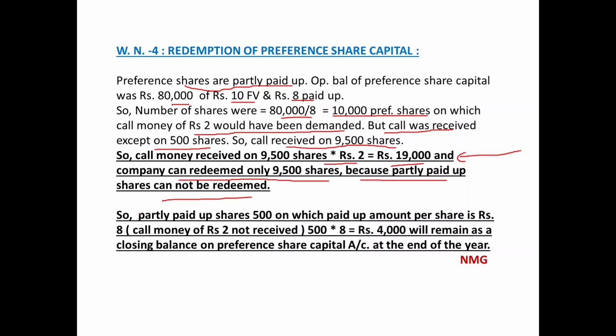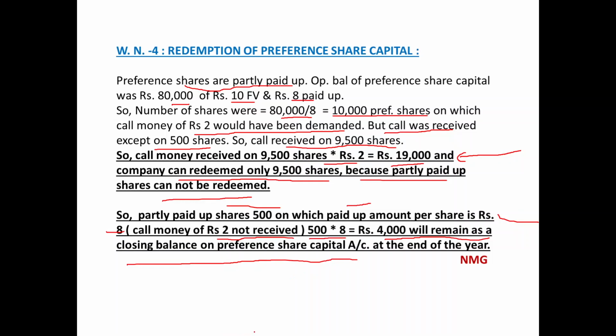It means partly paid up shares 500, on which paid up amount per share is rupees 8, because call money of rupees 2 was not received. So 500 into 8, rupees 4,000 will remain as a closing balance in preference share capital account at the end of the year. This has been given in the balance sheet also.